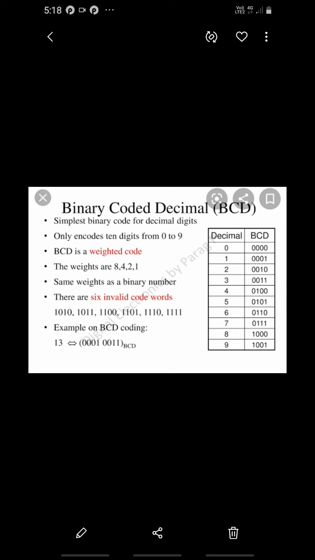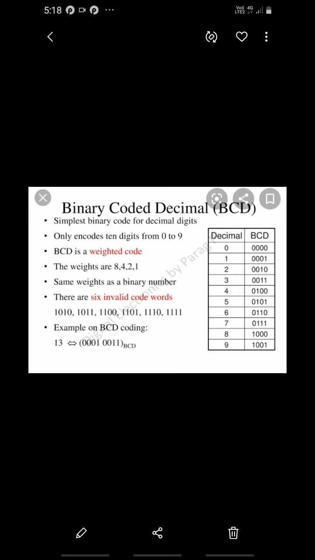Here on the table are the decimal numbers and their BCDs. For 0, BCD is 0000. For 1, 0001. For 2, 0010.